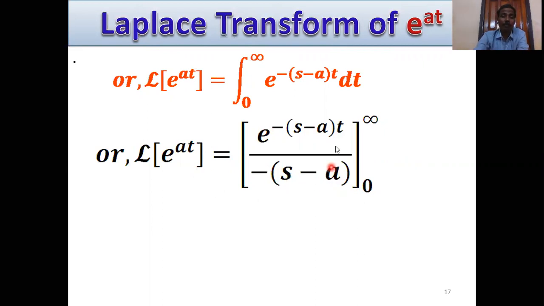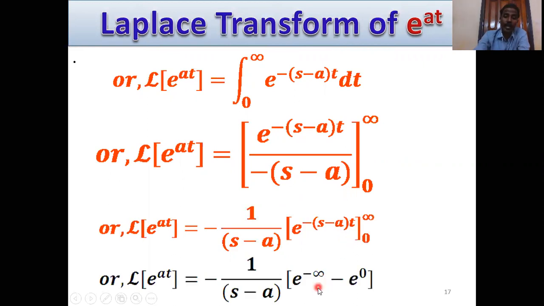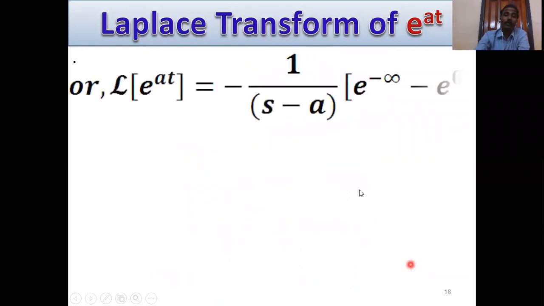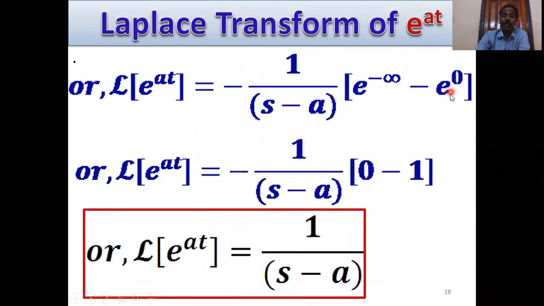This is the formula for integration of e to the power minus (s minus a) t. And this is equivalent to minus 1 by (s minus a) times e to the power minus (s minus a) t. Putting in the upper and lower limits, we get e to the power minus infinity at the upper limit and e to the power 0 at the lower limit. So e to the power minus infinity equals 0, and e to the power 0 equals 1, giving minus 1.